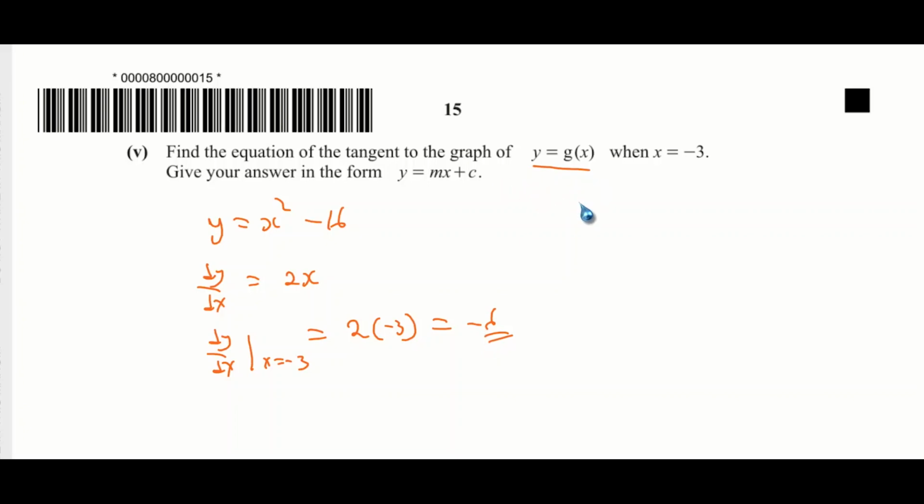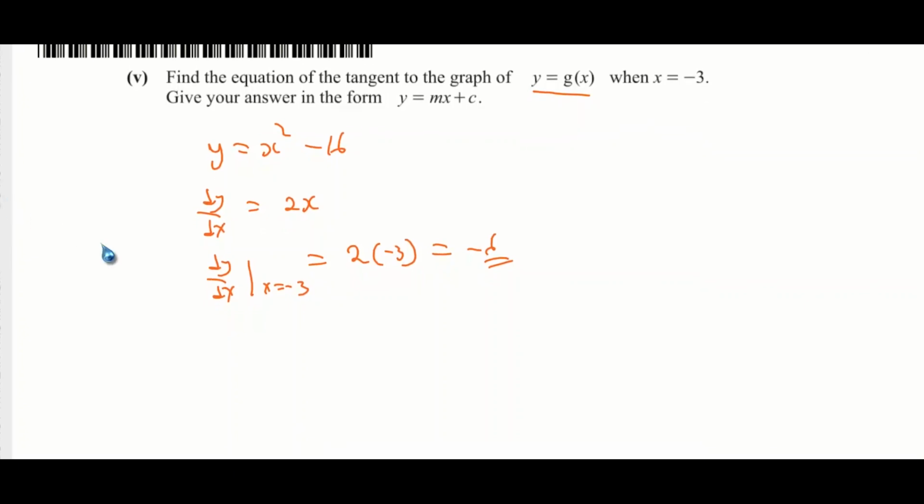Okay, so what is y when x equals negative 3? So that's the point. So y equals x squared minus 16. So y equals negative 3 squared minus 16. So y equals 9 minus 16.